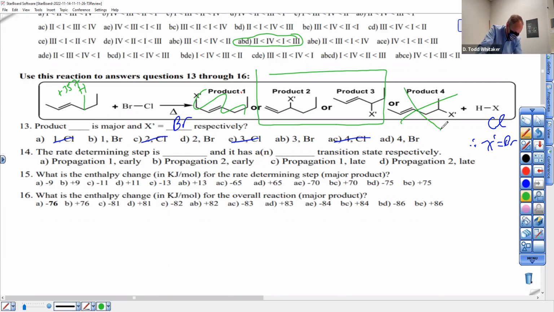And what happened here? We got a dot there. Wait a minute. Okay, that's cool. You know how this happened? That double bond, you had to get to this radical to get to this. I hope you see that. But you started with this radical.